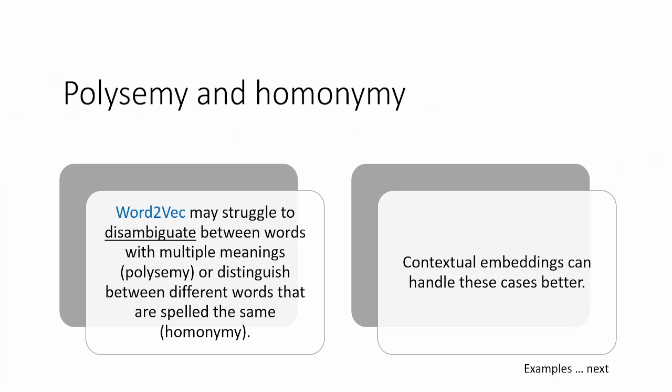Some other issues with Word2Vec: polysemy and homonymy. It's not able to disambiguate between words with multiple meanings or distinguish between different words which are spelled the same. That means the contextual intelligence is not something that we can achieve with Word2Vec.